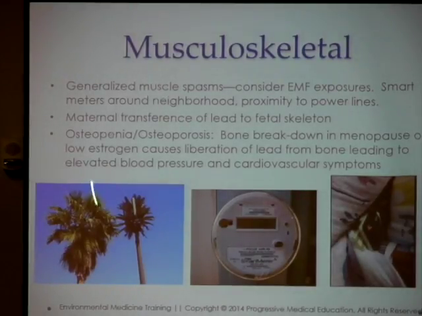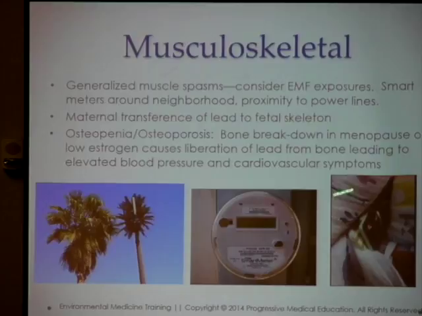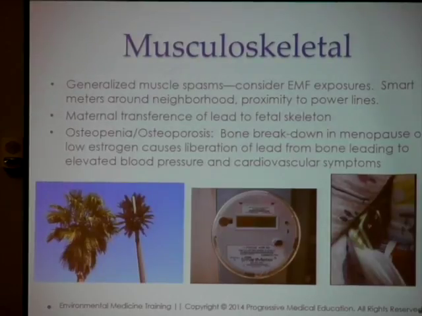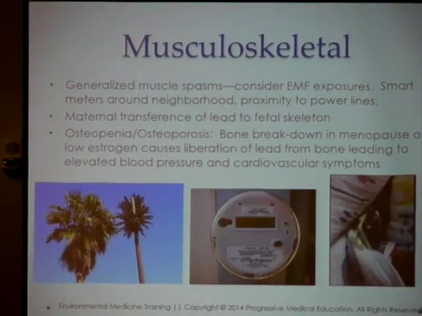I put that in there because I've given this lecture before. This picture is of an EMF device that they put on babies when they're born in the hospital so people don't steal the baby. When my nephew was born, they put this little Wi-Fi device on him so they could track him throughout the hospital. I just thought that was a little over the top.